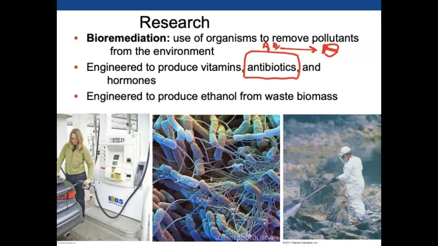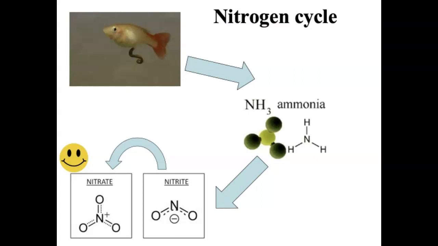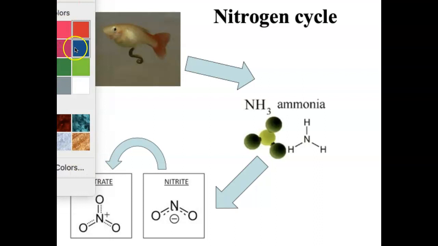So, okay, the last thing to wrap up with is how the nitrogen cycle works when we look at an aquatic ecosystem. So please remember, this is in the aquatic system. Things work a little differently on land.